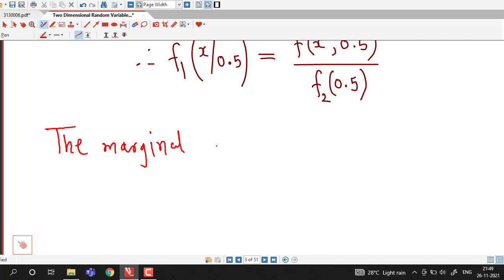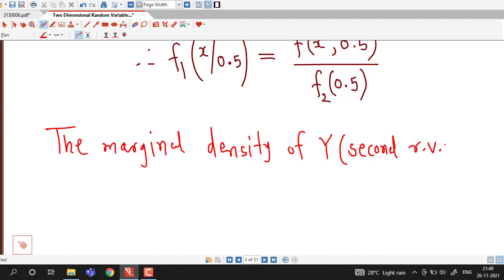So now the marginal density of y, which we consider as second random variable in this question, is denoted by f2(y). We have used this notation for marginal density. In this question we are using this notation for marginal density of y.